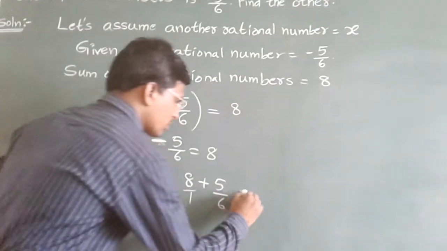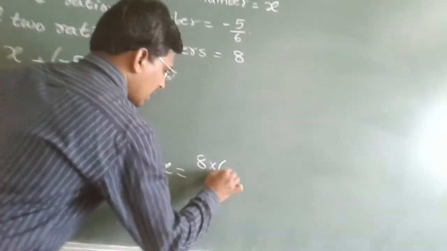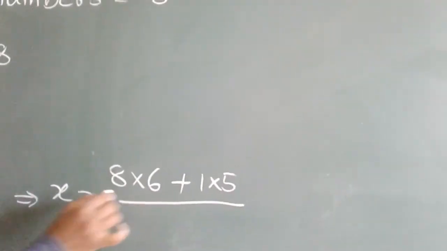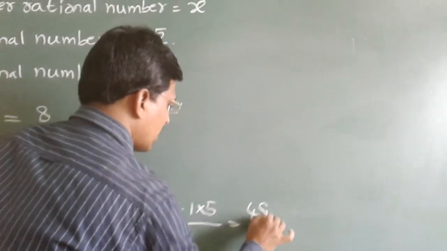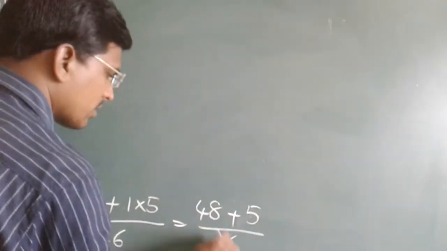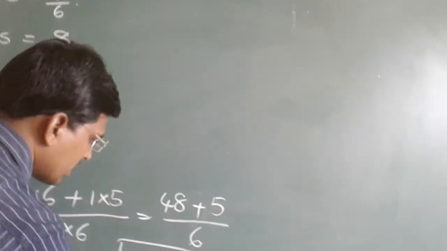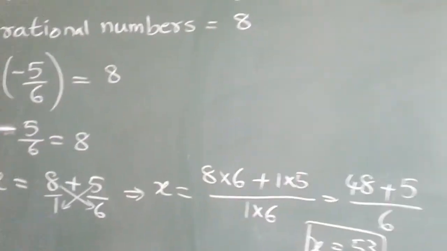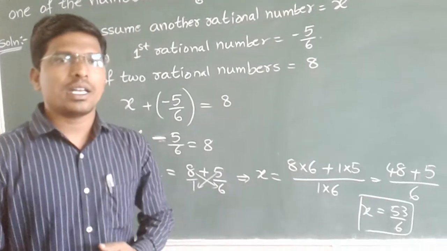Okay, so x is equal to 8 into 6, this cross method, 8 into 6 plus 1 into 5 by 1 into 6. 8 6s are 48 plus 1 5 is 5 by 1 6 is 6. 48 plus 5, how much? 53 by 6. So what is this? The other rational number: 53 by 6. So in this way we can solve the problems in rational numbers. First exercise, okay. Students, practice well at home. Thank you.